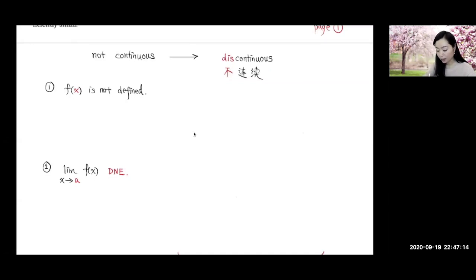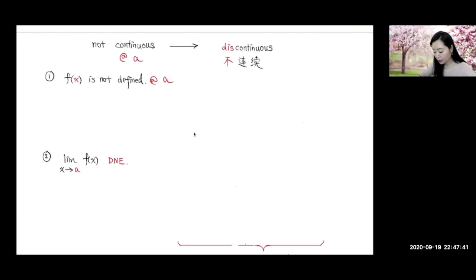So there are three cases where the function is not continuous at a. Number one, f of x is not defined at a. Now let me give you some examples. In this example, the function is not continuous at a because the function is not defined at a.